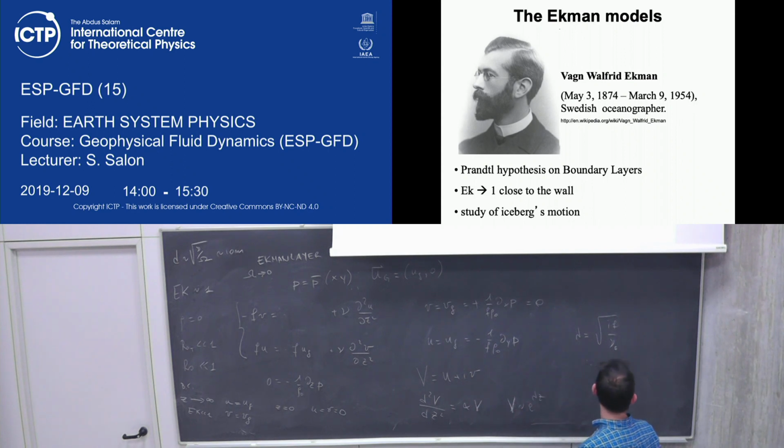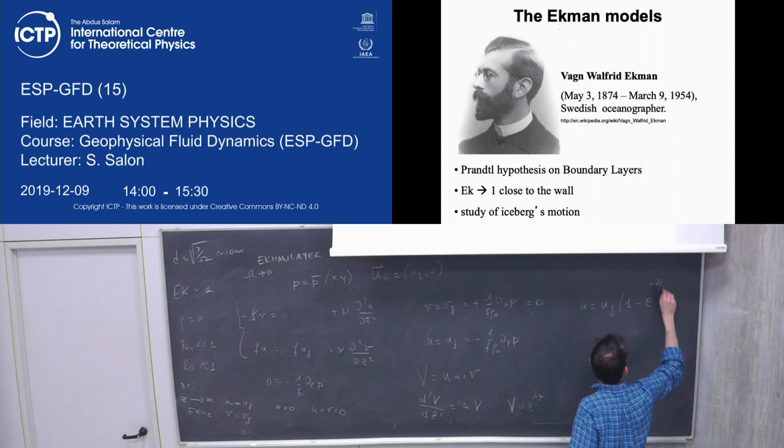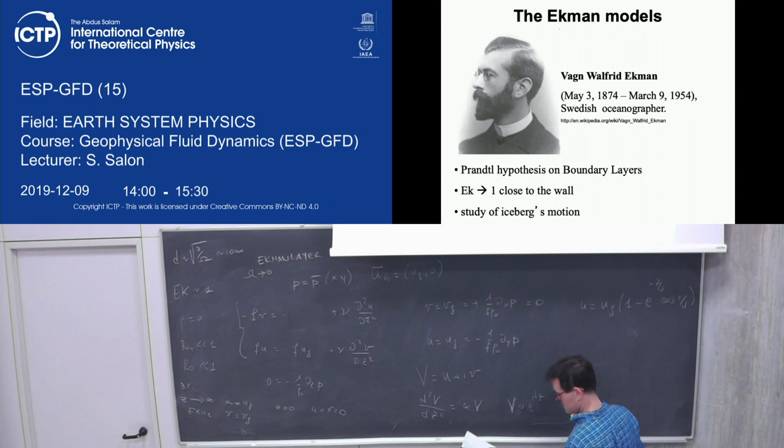So I don't want to go much more in detail. The only important thing is that I want just to write you the final equation, because now it's just mathematics. And what we have is that U is equal to UG (1 minus e to the minus z over D, times cosine z over D), and V is equal to UG. Okay?